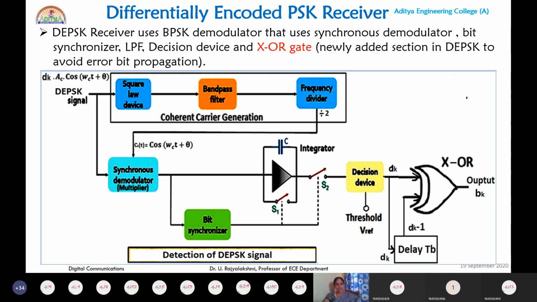Now, please observe this circuit and tell me what additional elements are used in the DEPSK receiver compared to the BPSK receiver section. We identified the difference between the DEPSK transmitter and the BPSK transmitter. Now please tell me what is the fundamental difference between the DEPSK receiver section and the BPSK receiver.